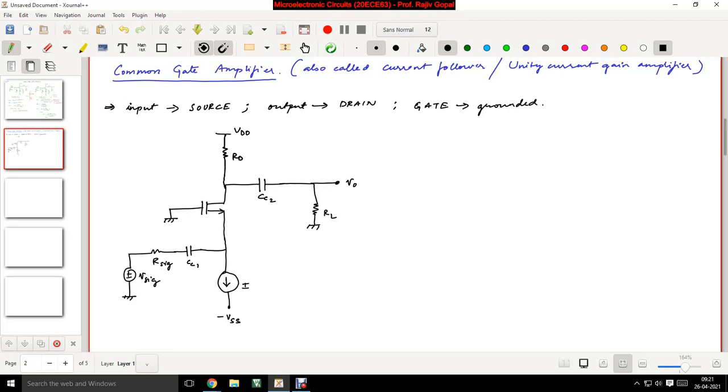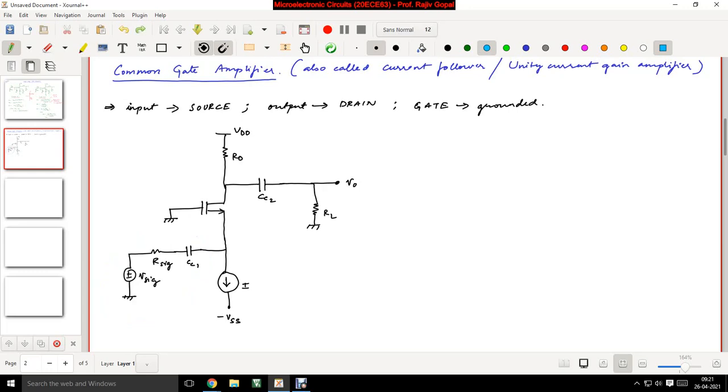If you compare it circuit-wise to the common source amplifier, whatever connections you made at the gate earlier have been shifted to the source, and you have maintained the gate as ground.